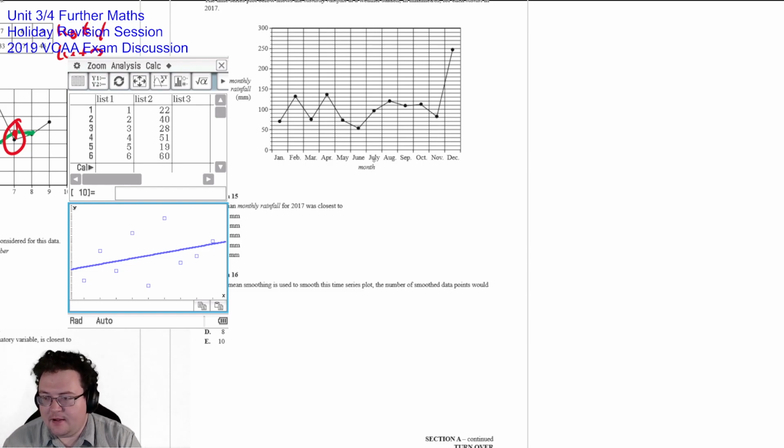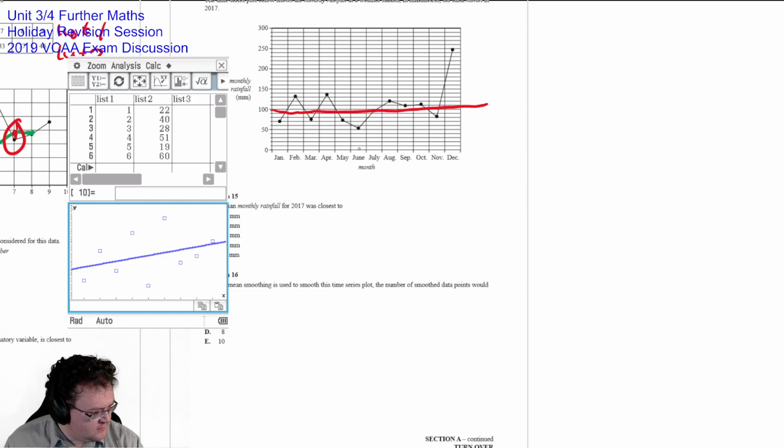If I put a line roughly through the middle, I should get a bunch of numbers above the line and a bunch below. My red line with my ruler, which is kind of dodgy because I don't have a ruler, hashtag deal with it, comes in around about the 100 mark, which is D. So it's a good instinct on that question there.